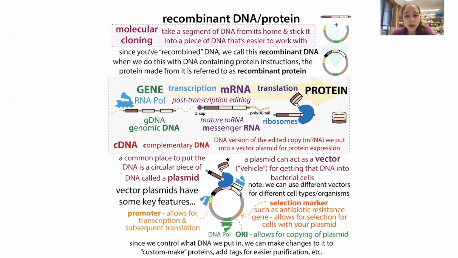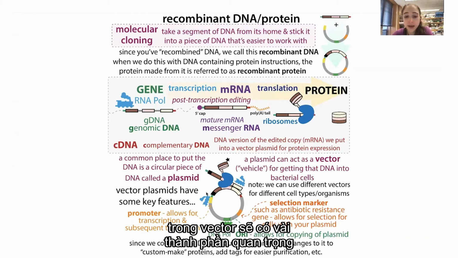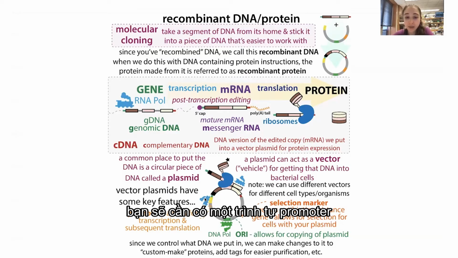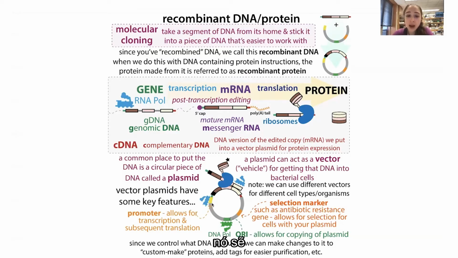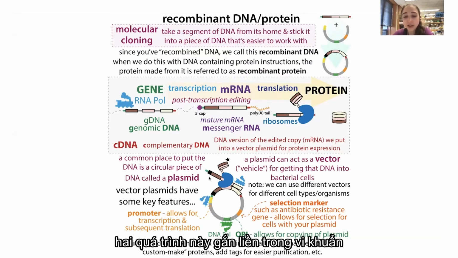Okay. So this vector is going to have a few important things. If you're doing protein expression, you're going to have a promoter sequence, which allows for the transcription and subsequent translation, which are coupled in bacteria.